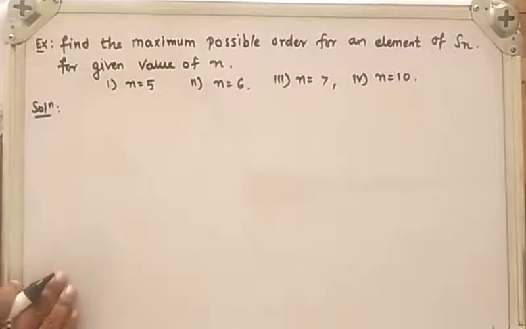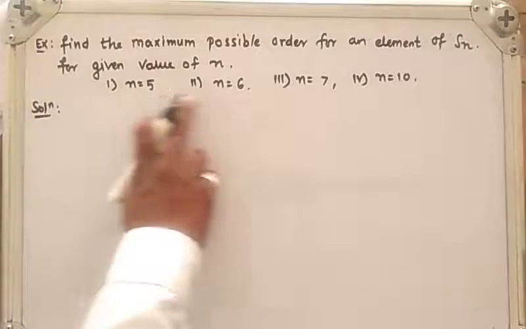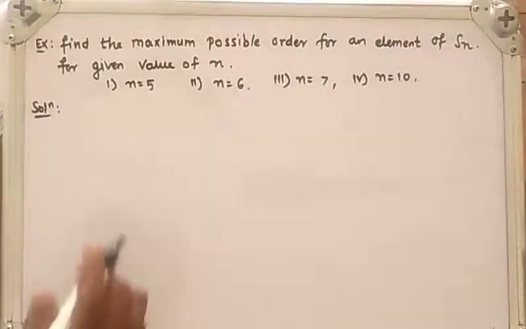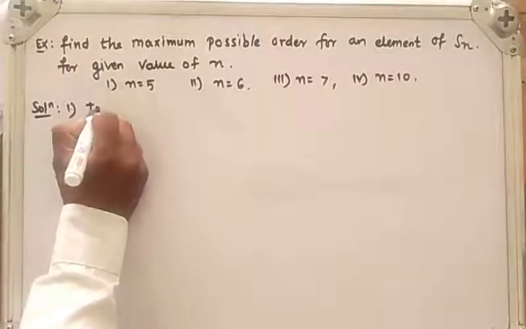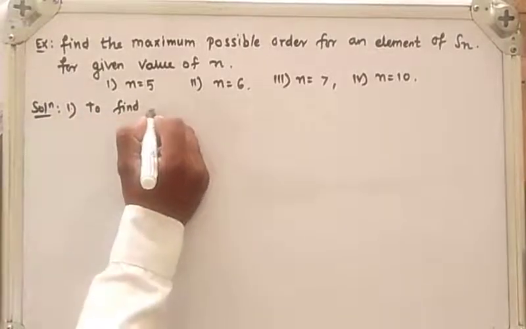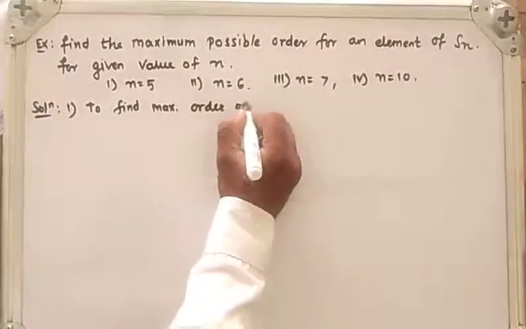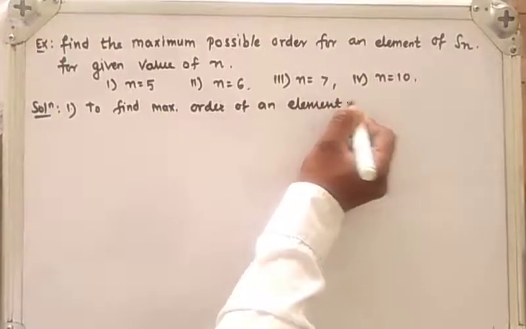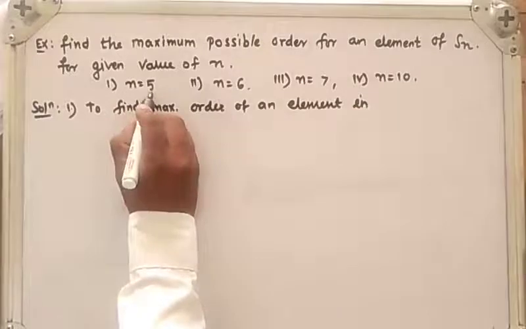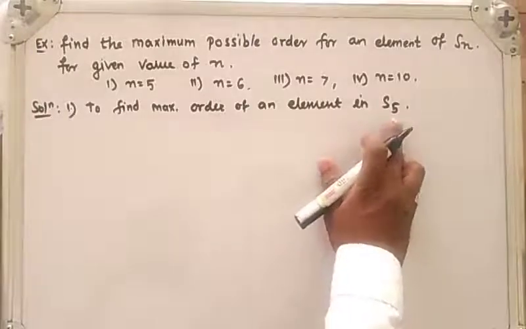To find out the maximum order in Sn for n equal to 5, n equal to 6, n equal to 7, n equal to 10. Now here, first, to find the maximum order of an element in S5, we find the partitions of 5.